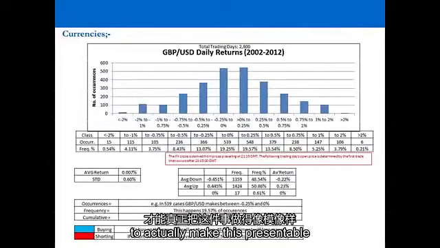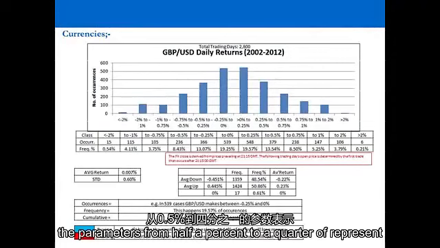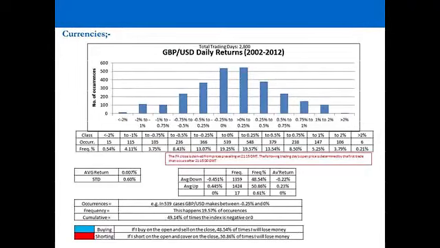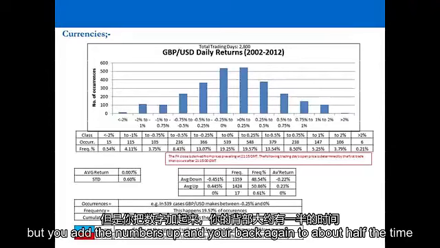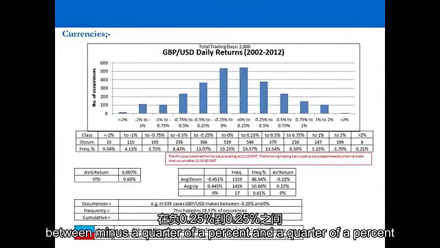Well, to actually make this presentable, we've got to reduce the parameters from 0.5% to 0.25%. Otherwise, it would have looked ridiculous on the page. But you add the numbers up and you're back again to about half the time between minus 0.25% and 0.25%.